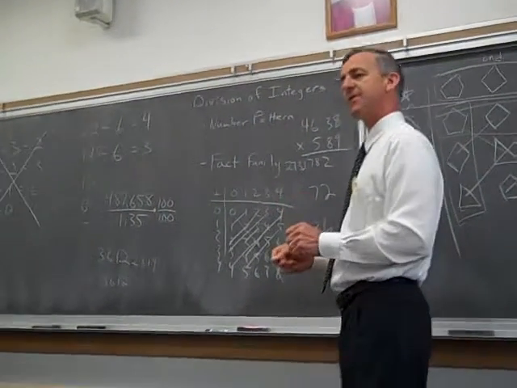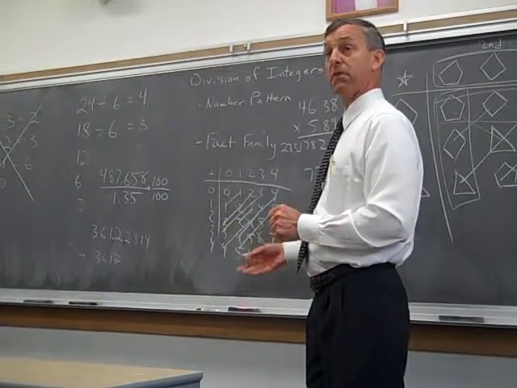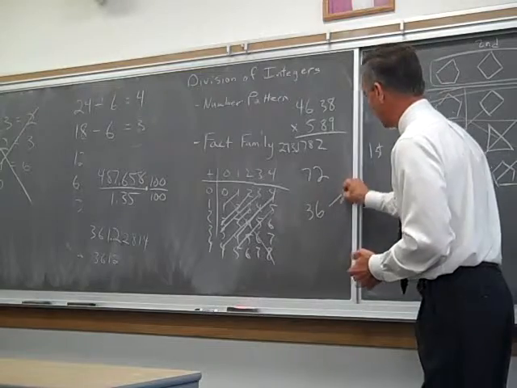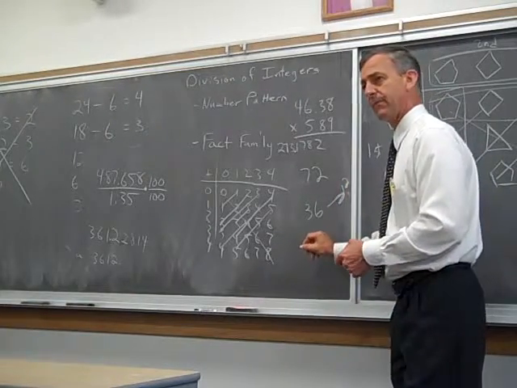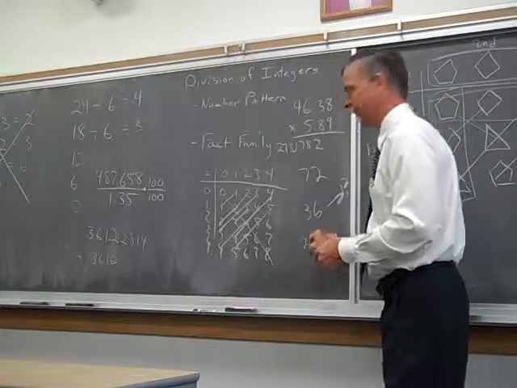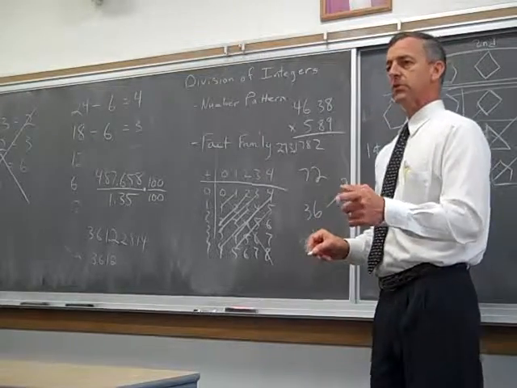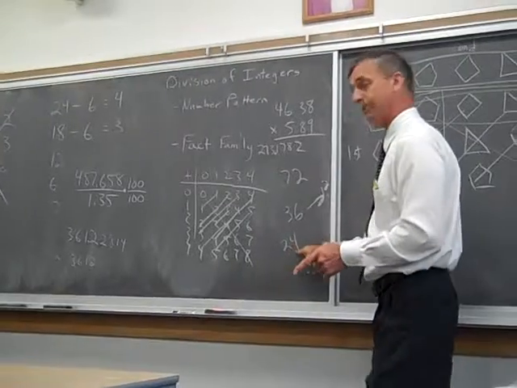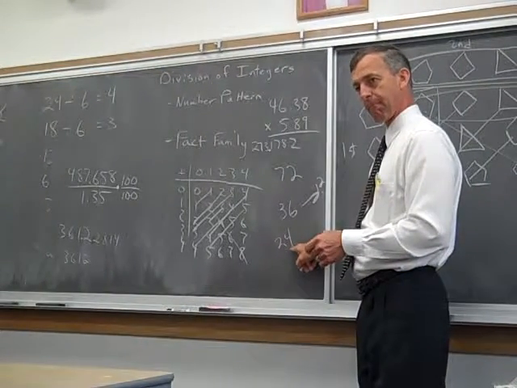36. The next person takes what? What's a third of that? 12. If a person takes 12, what's left? There's 24, right? The next person comes up and takes a fourth. What's a fourth of 24? 6.